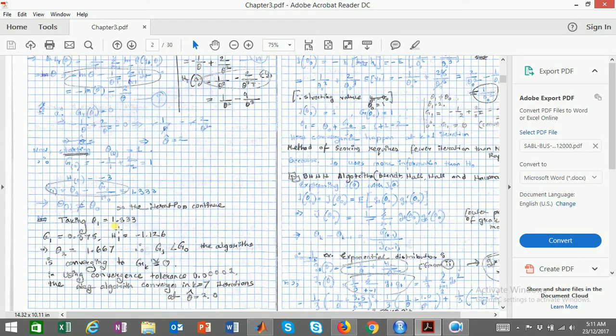So theta 1 is 1.33. Again we pass this into gradient and Hessian, we do these calculations, and we find theta 2 equals 1.667. So this will continue, as the gradient of 1 is less than the gradient of naught. The algorithm is converging in the convergence criteria.